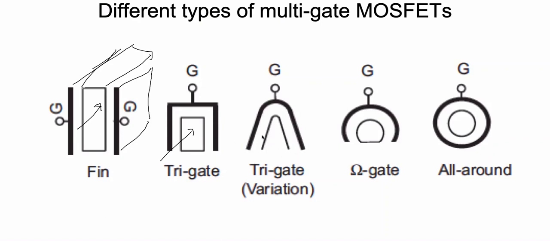Sometimes, because of process, it looks rounder than square. The omega gate is an experiment to make the gate really rounded. And in the all around gate, the current is flowing in this direction. You can think of this as a tube, where the conduction is inside the tube and the gate is all around it. If you make this device, you will get better performance.